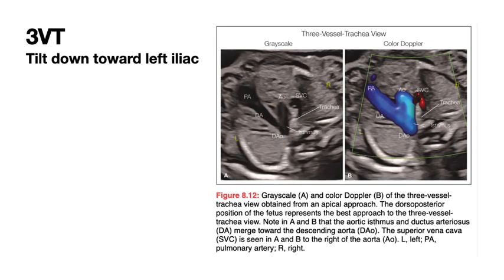If you now are up at that level, and then you tilt downward toward the left iliac, that means we still have the transverse aortic arch in the picture. But now we've tilted down toward the baby's left iliac, and now you can see the ductus arteriosus, pulmonary artery, and right ventricle.